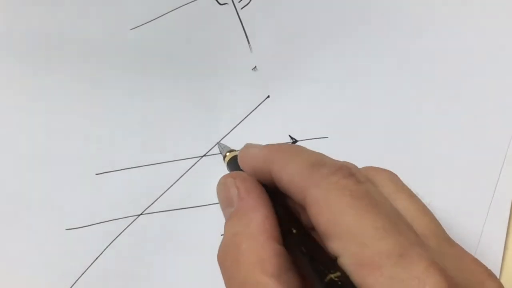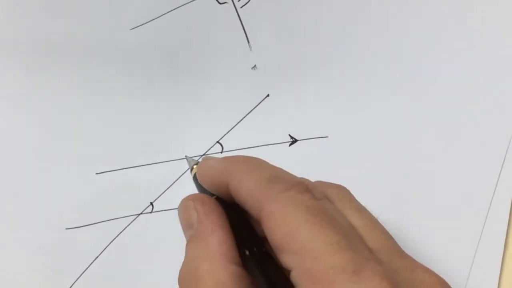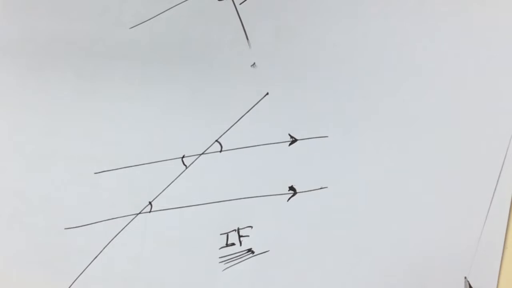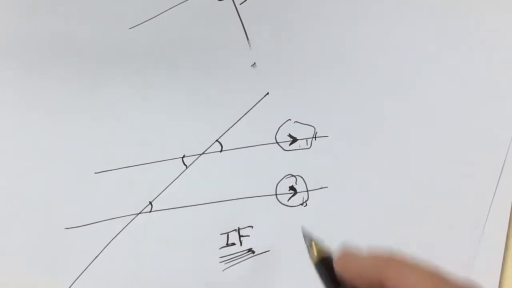If the two lines are parallel, you know that the alternate interior angles are congruent. These are things you know, and you can use that. But you have to say it, and first you have to tell me how you know that the lines are parallel. In this case, they're parallel because it says so. It's given.